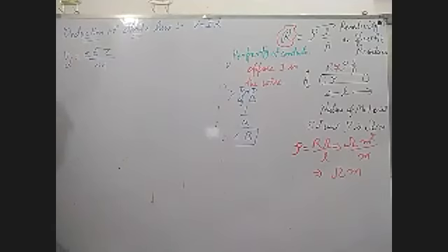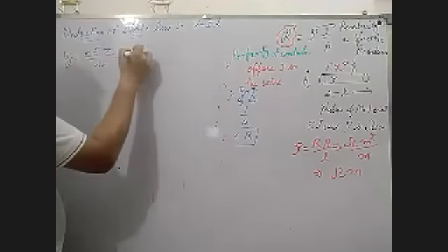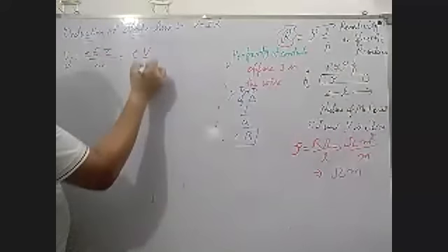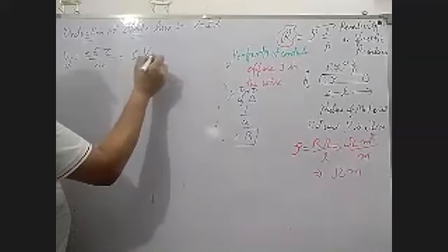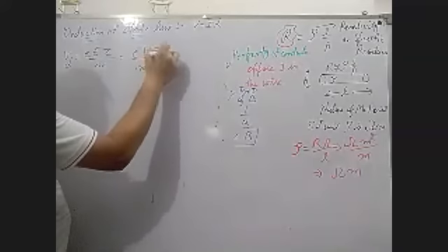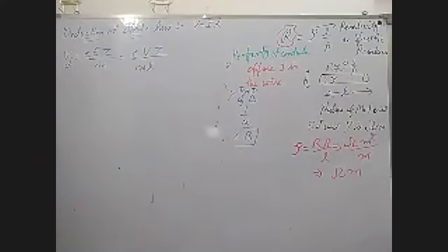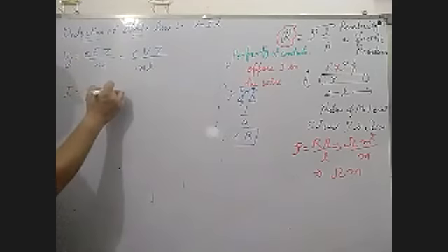Now, what is the value of E here? E is equal to the gradient of potential. We can take V upon L here instead of E, where E is the electric field. Okay. Now, what is the value of I? I is equal to n e A Vd.